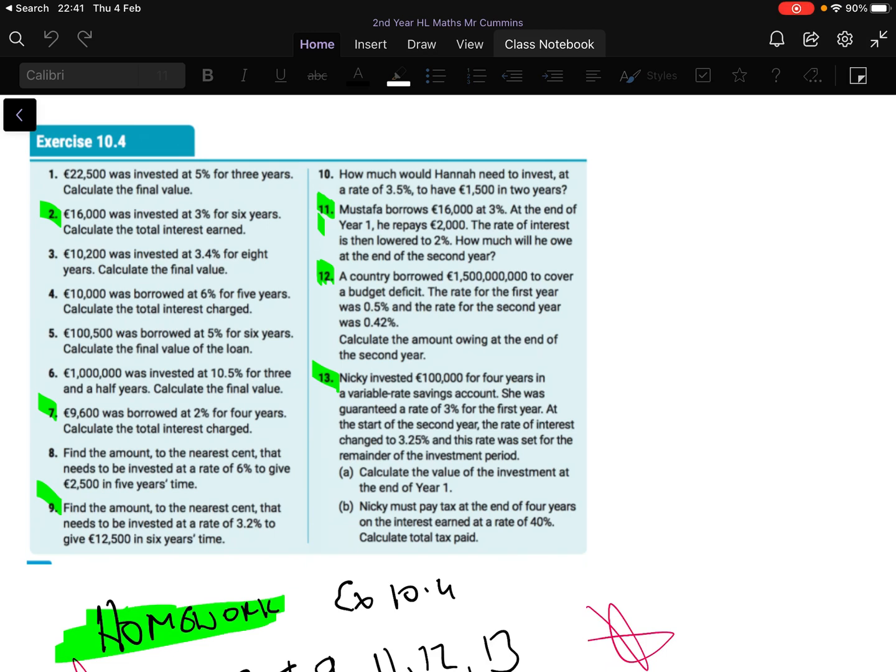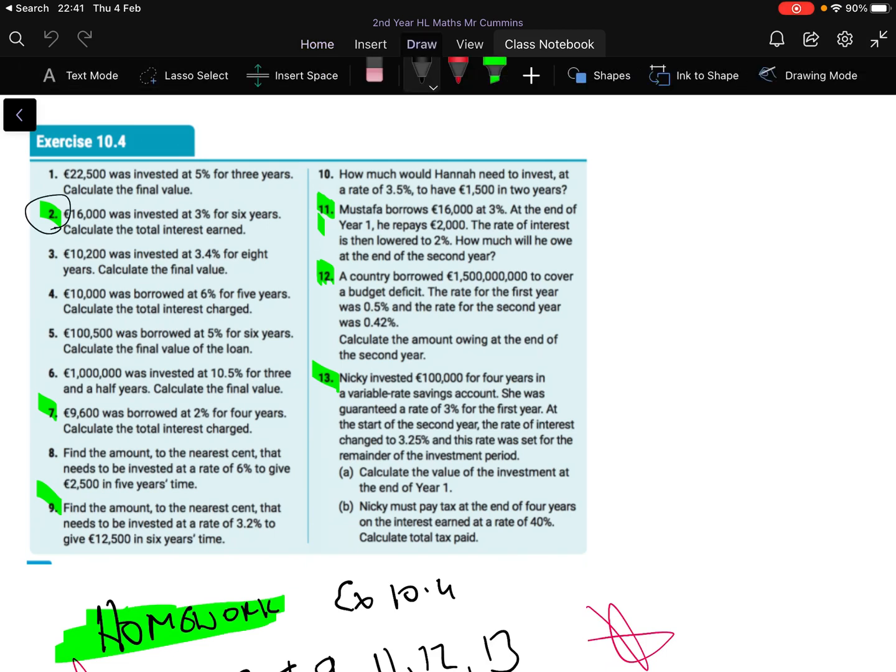Okay, question number 2. Basic ones for the formula. Remember this compound interest formula. I'll put the equation up the top: F is P times 1 plus I to the power of T, the number of years.